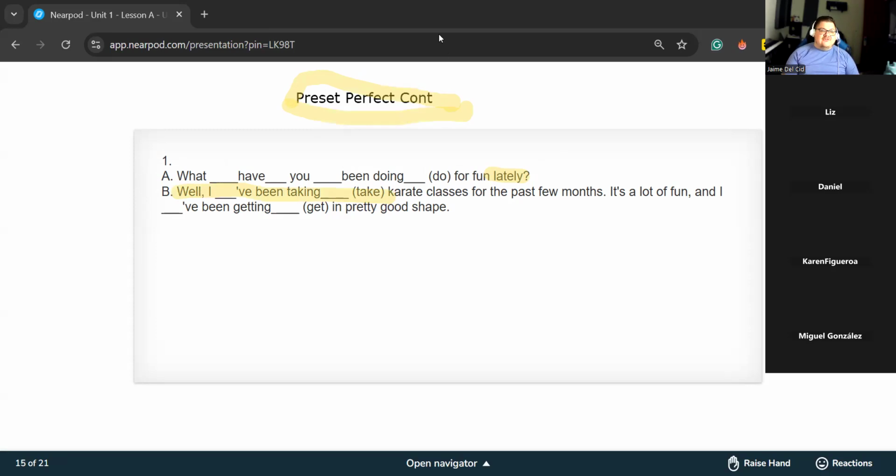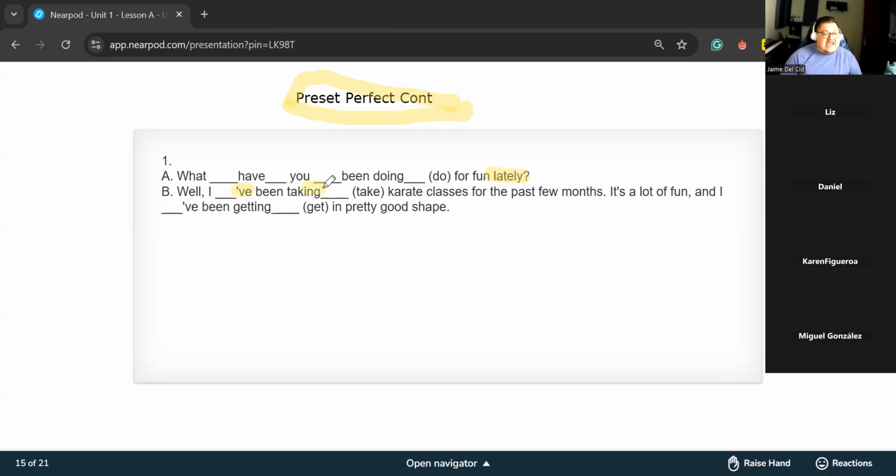Okay. So the first analysis is going to probably be the most important because from the question, you will be able to make some more connections to answer that properly. So if the question is in present perfect continuous, then the immediate answer is probably going to be present perfect continuous.